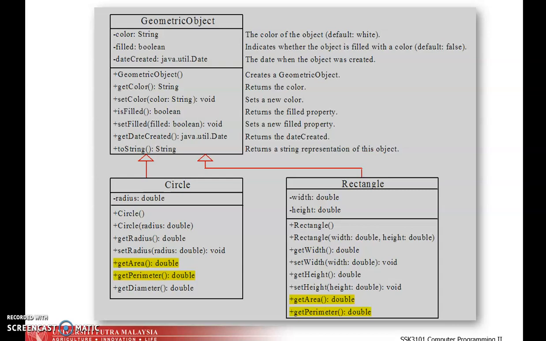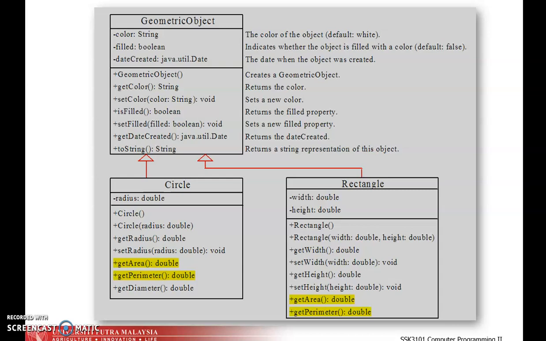What is interesting here is the methods highlighted in yellow. There are two methods, and can you describe why they are yellow colored and why we are concerned with those methods? The answer is very straightforward: both getArea and getParameter methods are common in both class Circle and Rectangle.